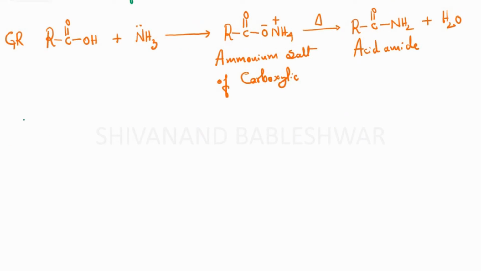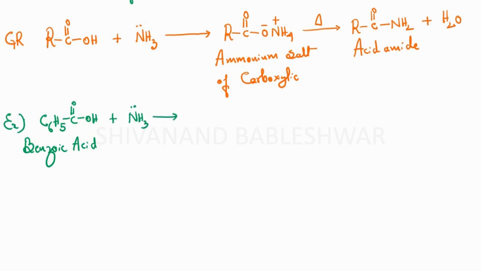Now we have one example, and that example is taken with C6H5COOH, an aromatic carboxylic acid called benzoic acid, with the same explanatory sentences. When treated with ammonia, we get the corresponding ammonium salt of the carboxylic acid.